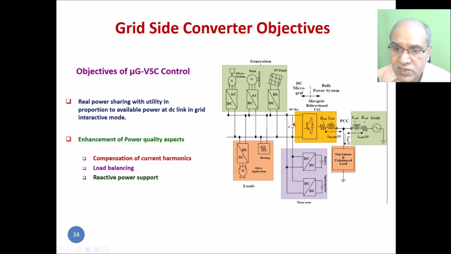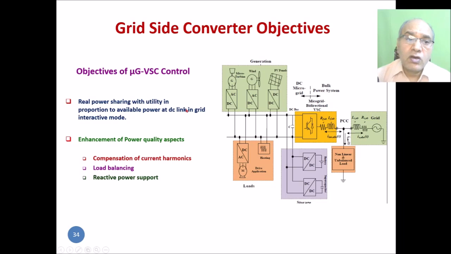So as I said, this inverter has a lot of importance in terms of the function of the microgrid. This inverter not only exchanges the real power in both directions, but it can also address the reactive power, the load balancing, the compensation of current harmonics, and so on.